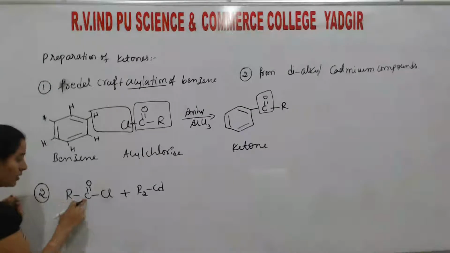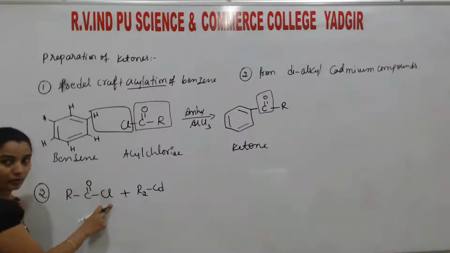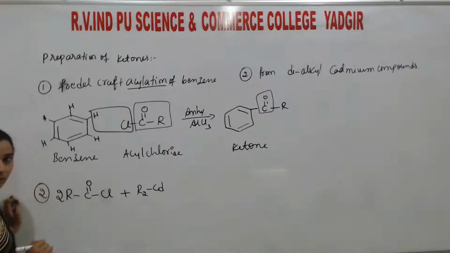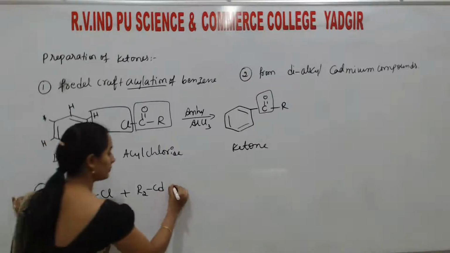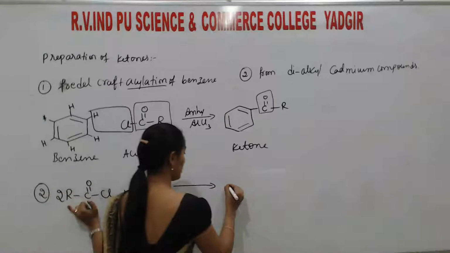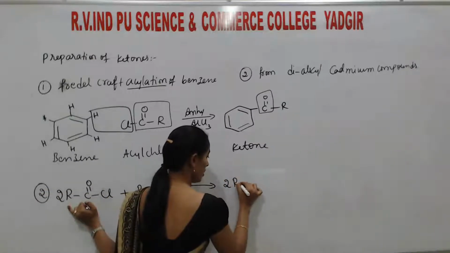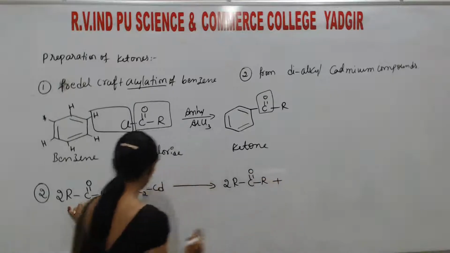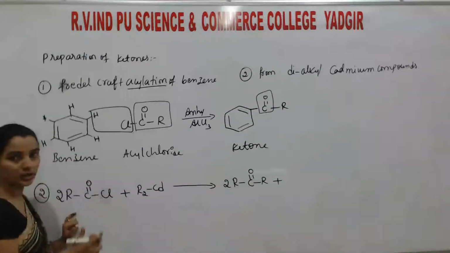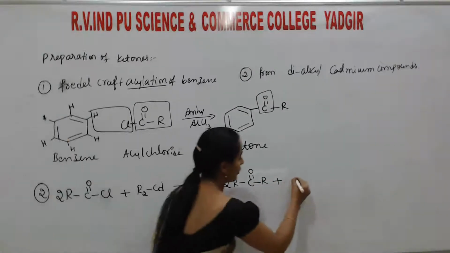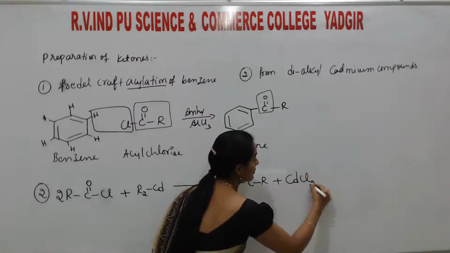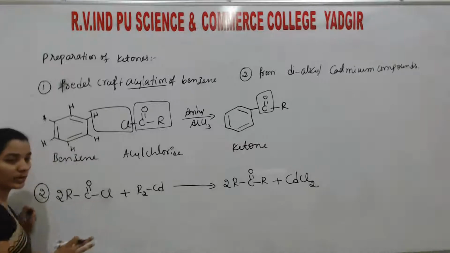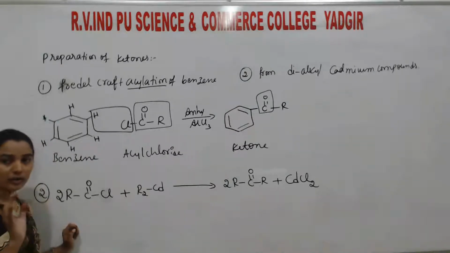We want R, C double bond O, R. Here two R groups are there, so we require two R. Then here it is 2 R, C double bond O, R. So this R and this Cl are replaced. Of course, the byproduct obtained is cadmium chloride. This R you can replace by any alkyl group or aryl group.